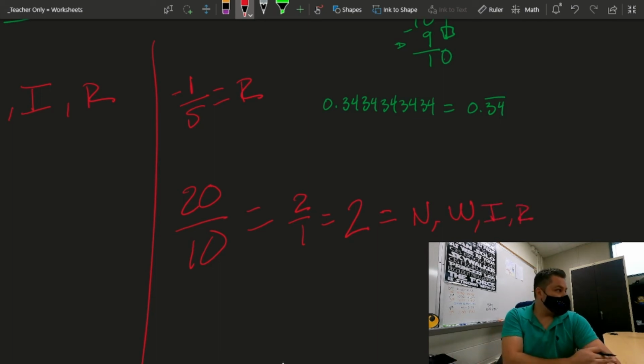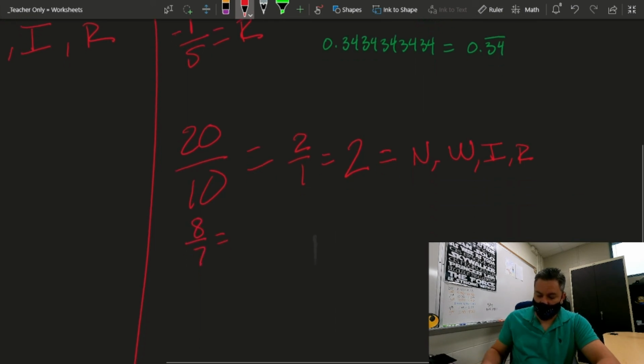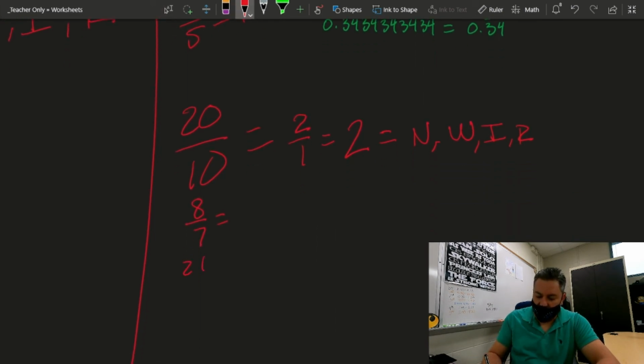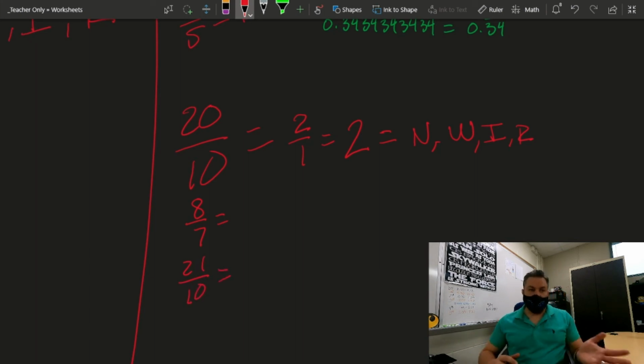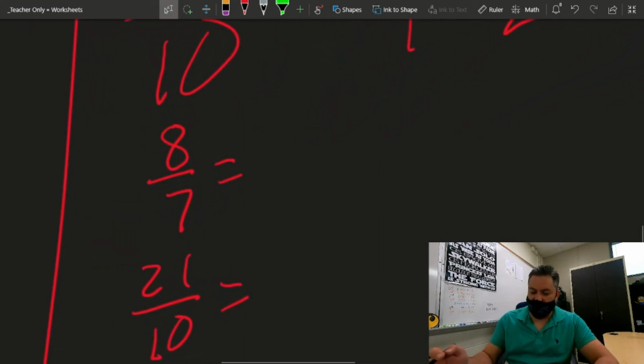One more number. 8 over 7 and 21 over 10. So this, first of all, is an improper fraction. How many times does 7 go into 8? Once.